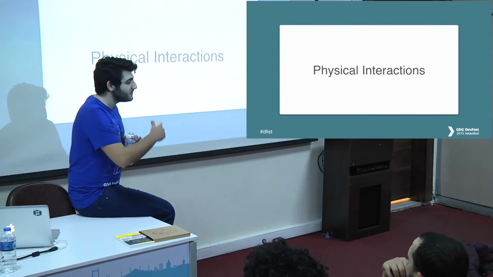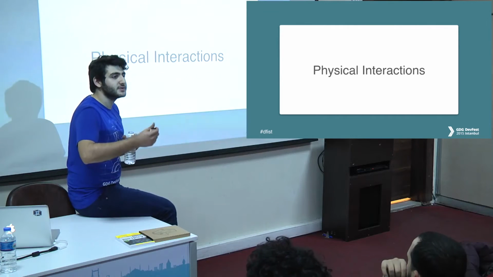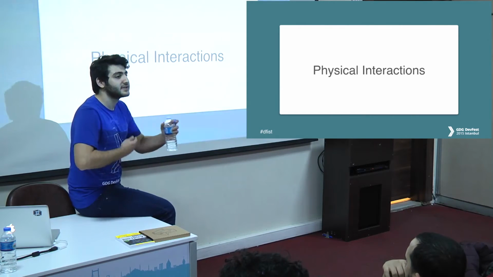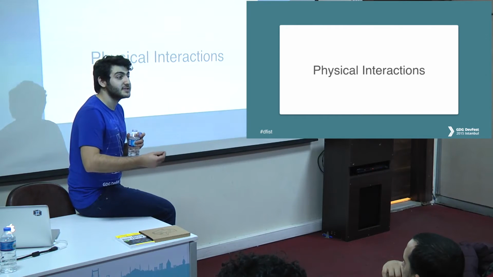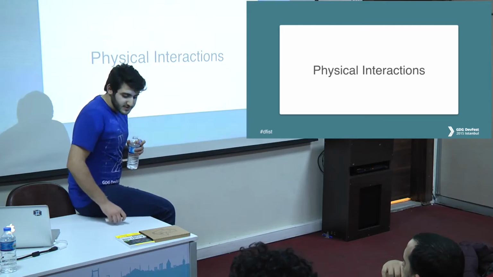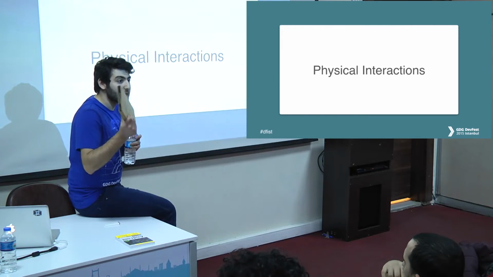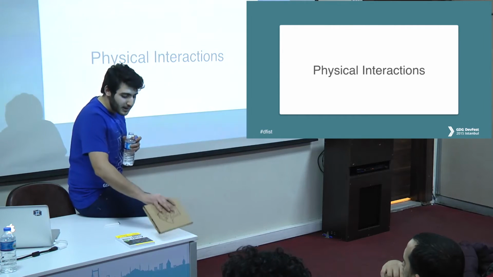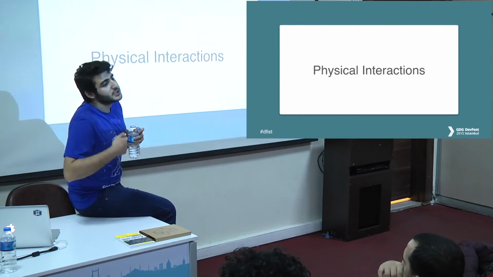And before me, Mari talked about animations to make this happen, because while we are interacting with a system, these animations or transitions feel like a real product. As humans, I have the ability to touch it and to feel it. So it's the physical interaction, and it gives me more experience.